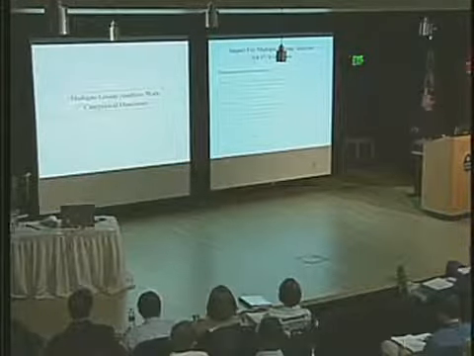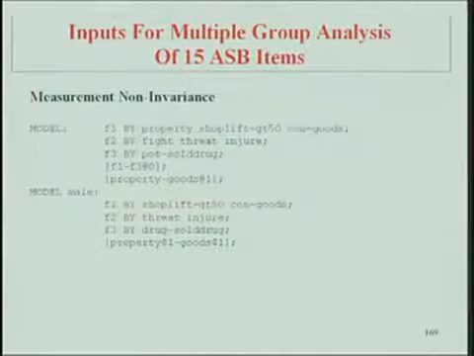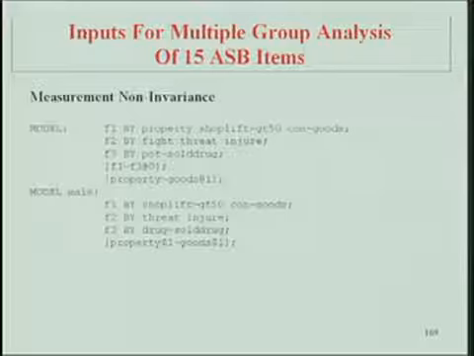So measurement non-invariance would be a model with 3 factors here again. Fixing the factor means to 0 in the overall model, which means that they're fixed to 0 everywhere. And then there are 2 groups, males and females. The first group is female, and the second group is male.